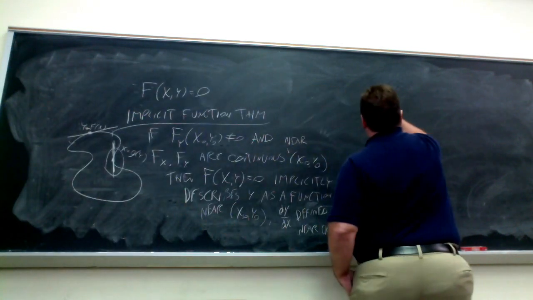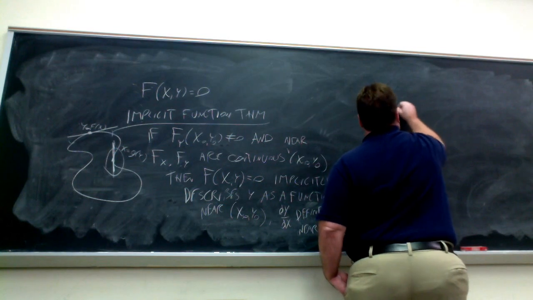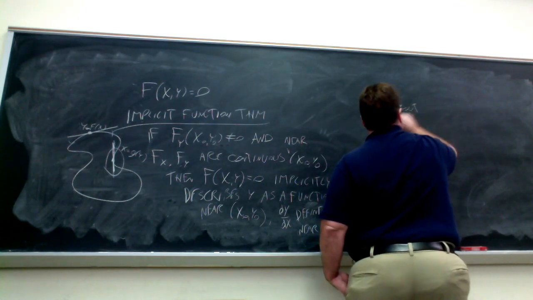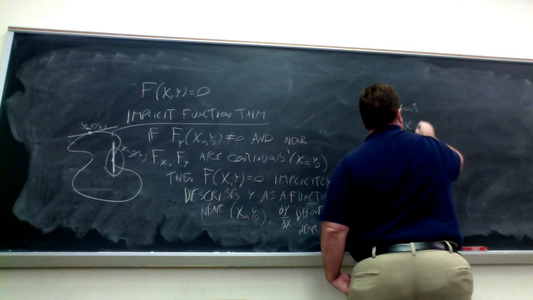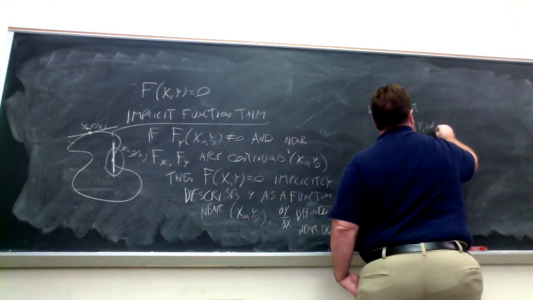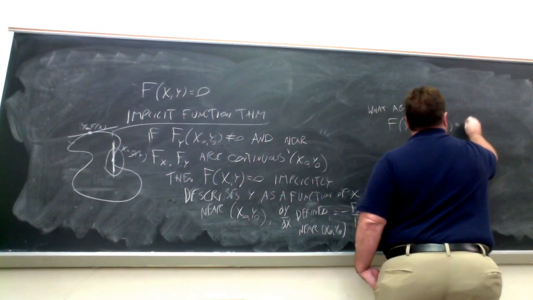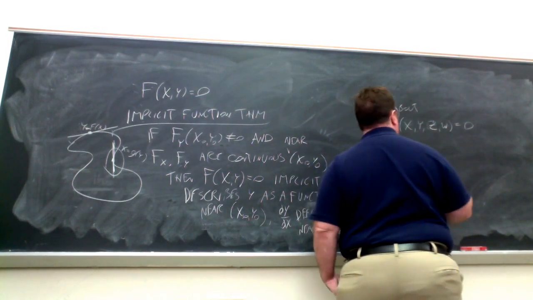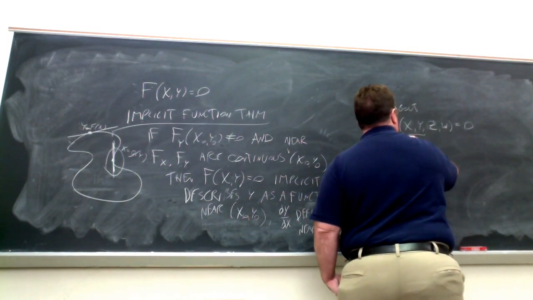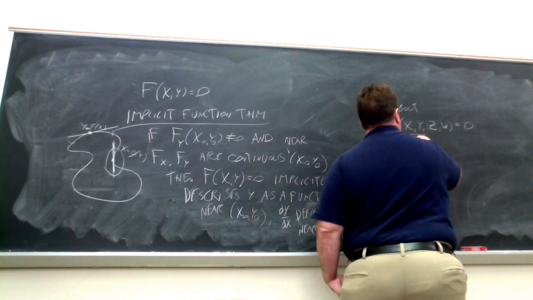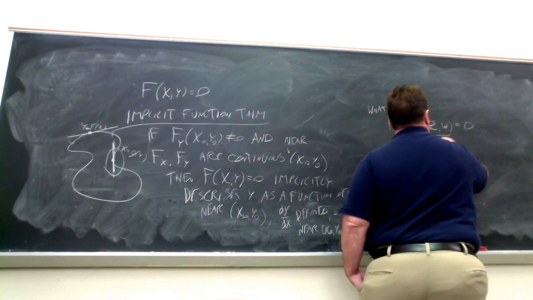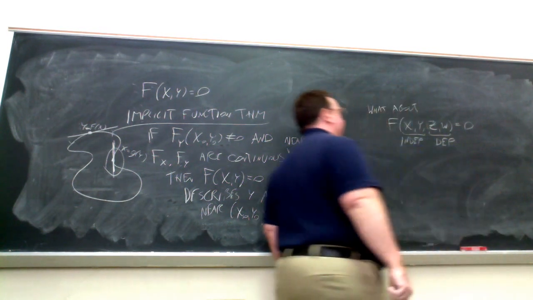So suppose we have an equation like this, with 4 variables altogether, F of x, y, z, and w, equal to 0. And these are your independent variables, x and y, and you have 2 dependent variables, z and w.